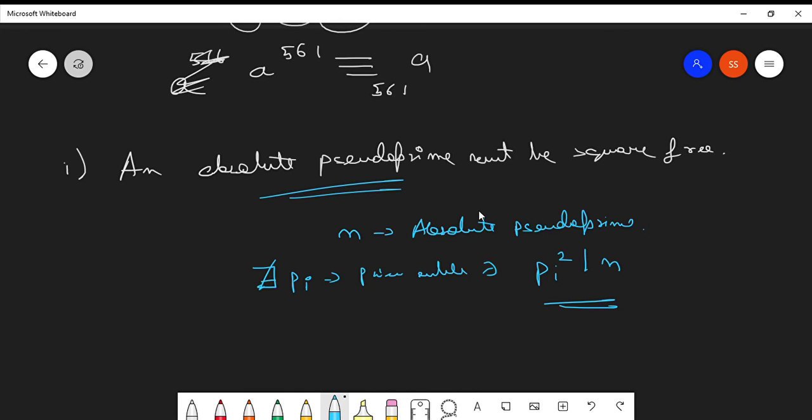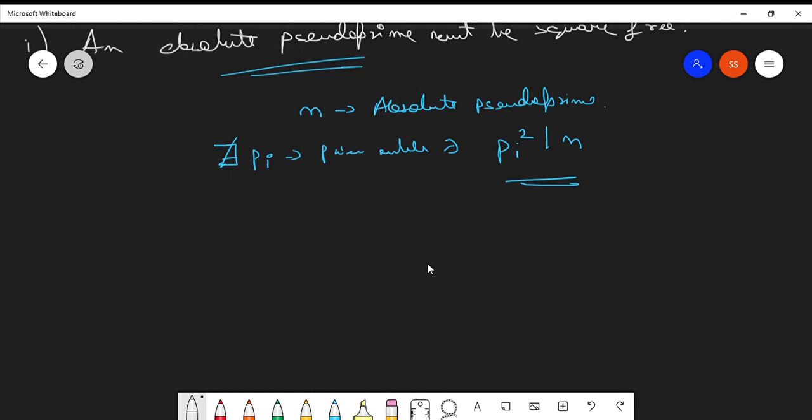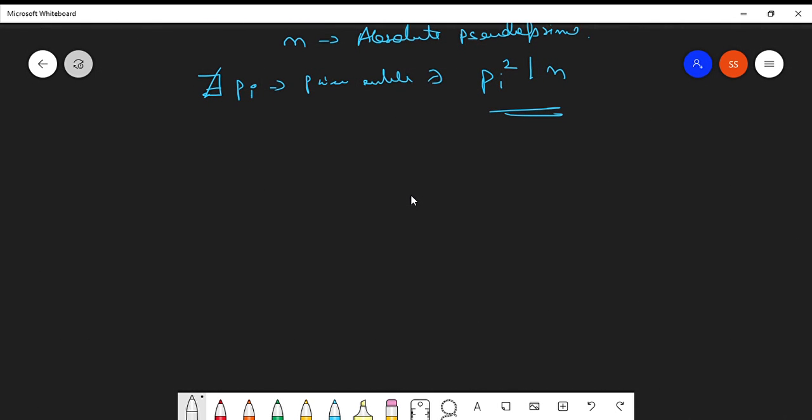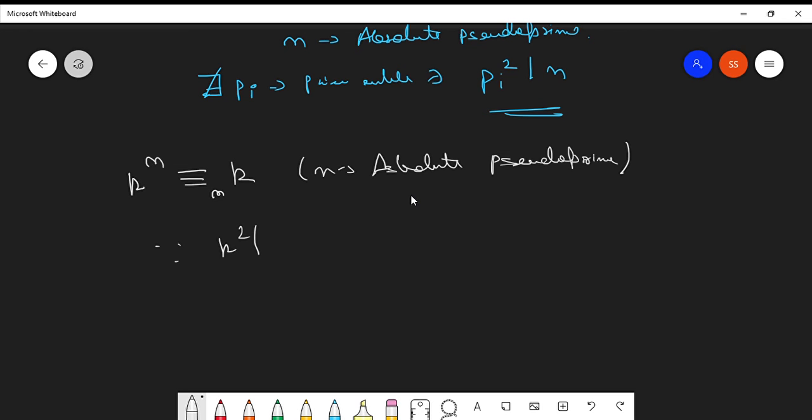You can ask me why. What is the reason behind it? Finding the reason is actually very easy. So I'm showing it to you. k to the power n is congruent to k mod n, where n is an absolute pseudo prime. Clear? And since k square divides n, we are actually assuming that n is not square free.